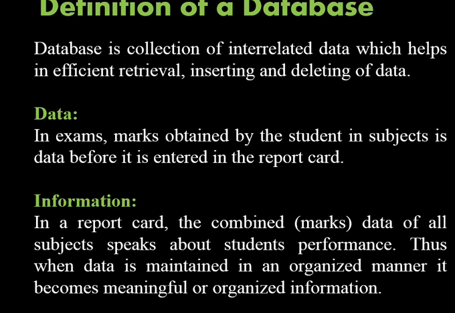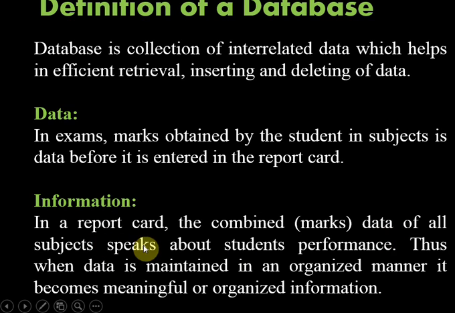As I told you, when you collect the numbers 1 and 2 it becomes data, and when you start processing the addition 1 plus 2 you get the result 3, and 3 is the meaningful information. So after processing data you get the information.